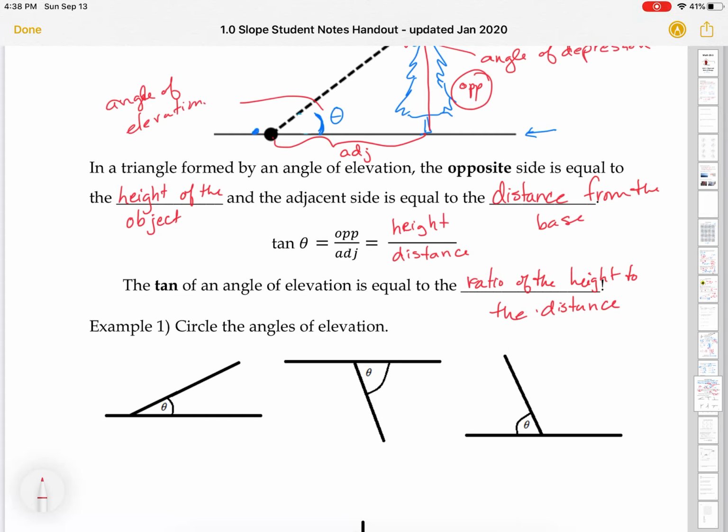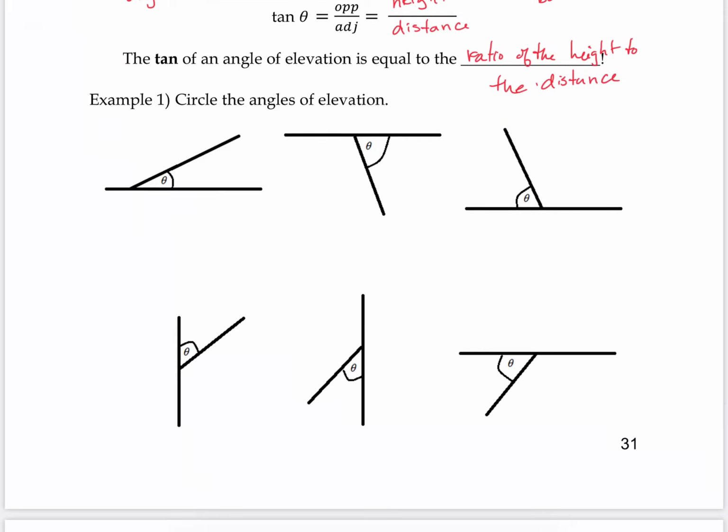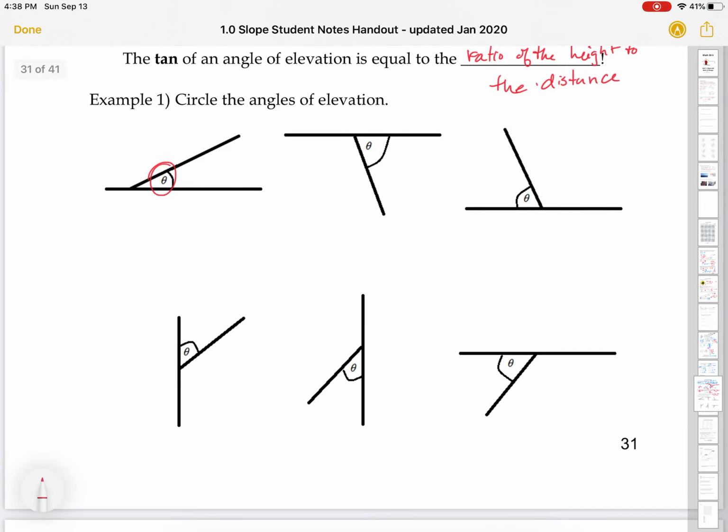Alrighty, so circle the angles of elevation. So taking a look at these, which are angles of elevation, you have to be looking up. So this first one would be an angle of elevation. The second one would not be because you're looking down. Third one, looking up, yes. Fourth one, I have no idea what it's doing.